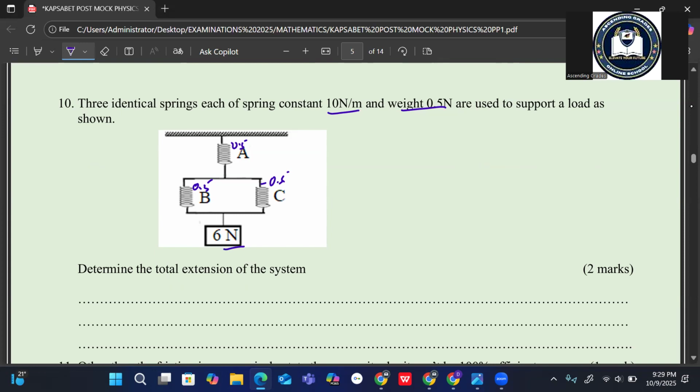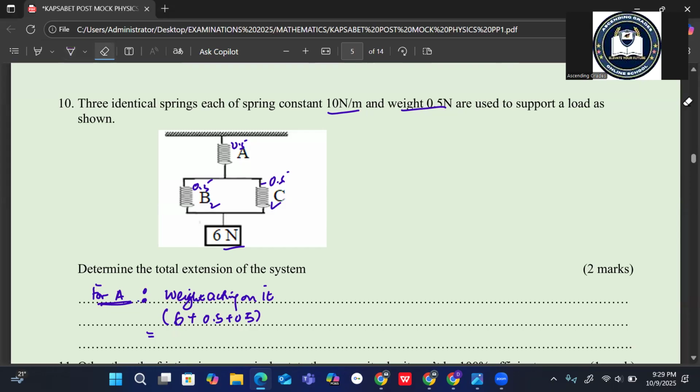The first thing to look at is spring A. The weight acting on it will be the 6 newtons plus the weight of these two springs, 0.5 plus 0.5. So in this case, we get 7 newtons.